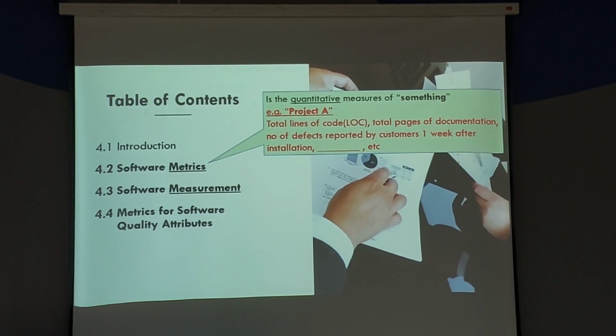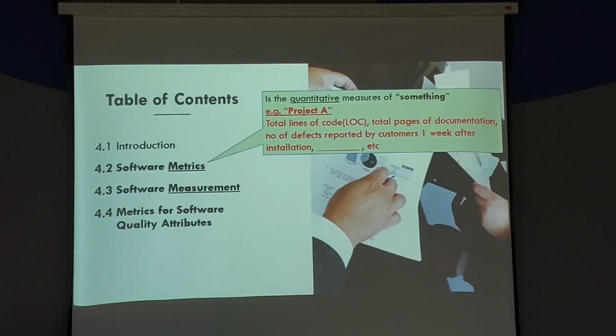So these are some of the things that you can measure quantitatively for project A. So what else can you measure for project A?